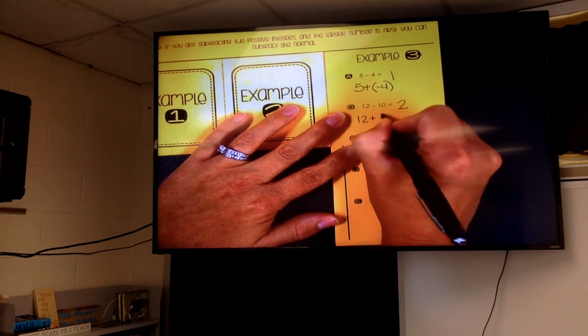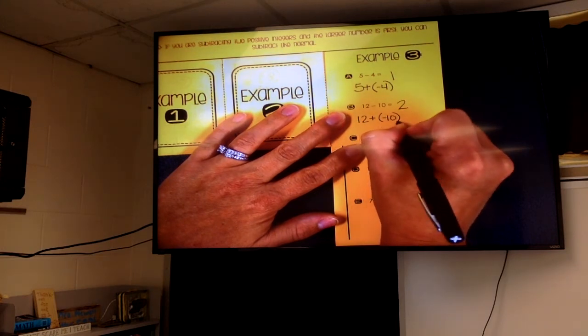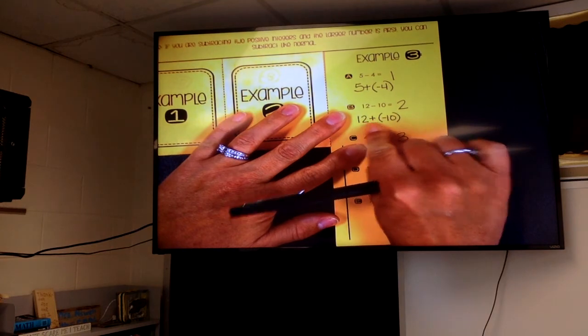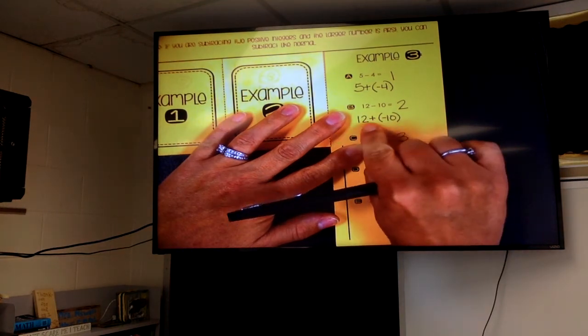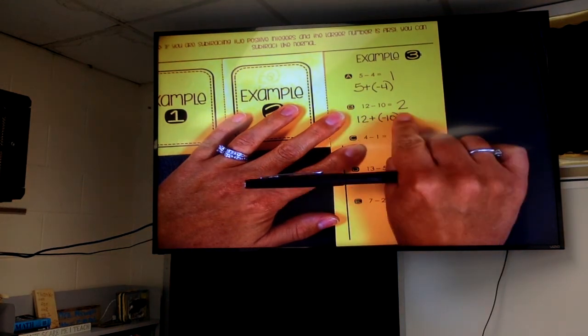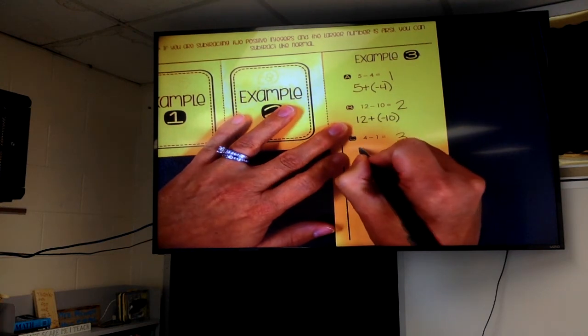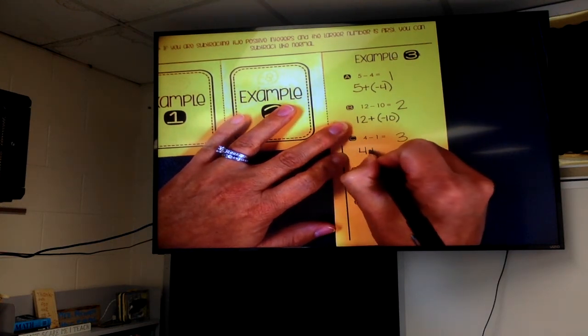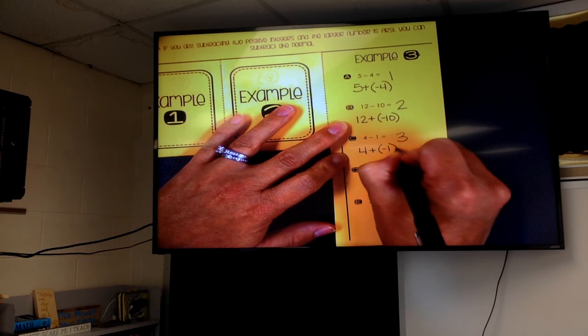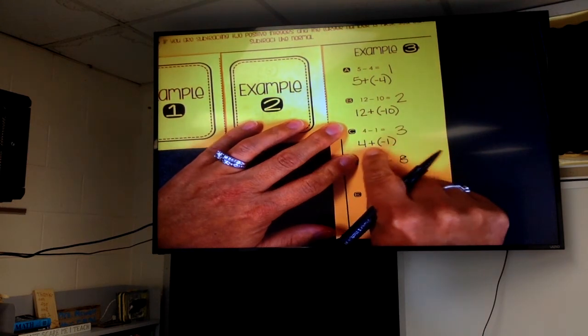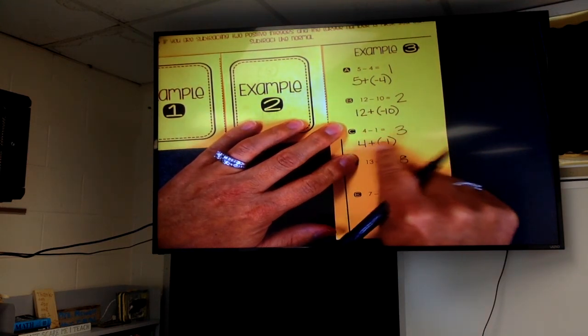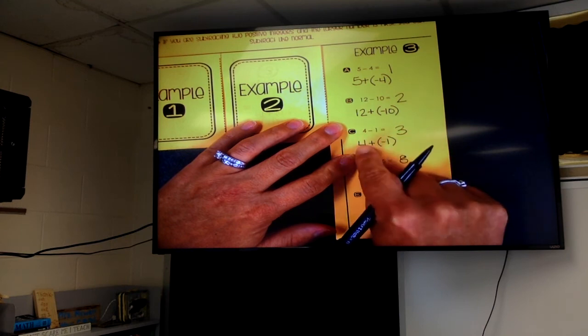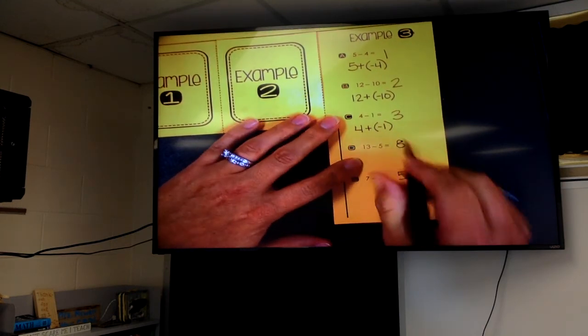Leave, change, opposite. Signs are different, I subtract. 12 minus 10 is 2. Take the sign of the larger number. Leave, change, opposite. Signs are different, so I subtract. 4 minus 1 is 3, and I take the sign of the larger number.